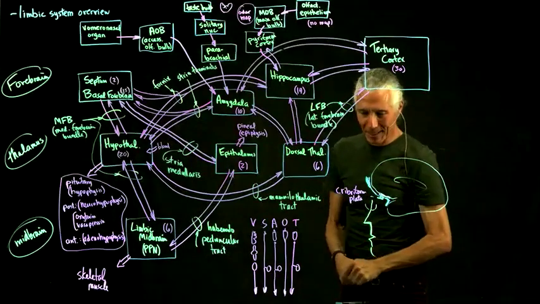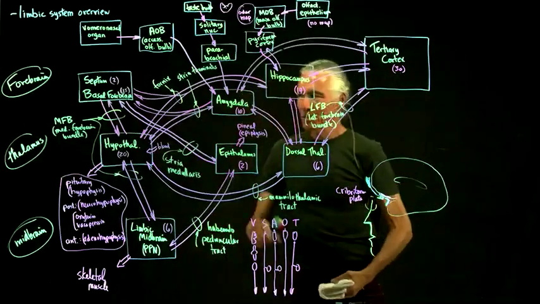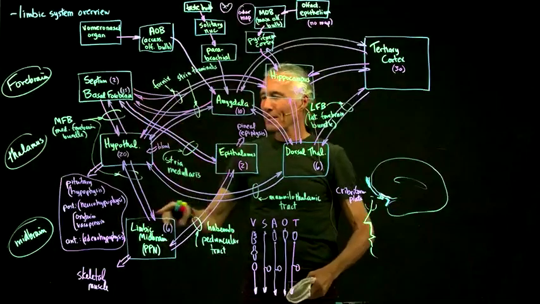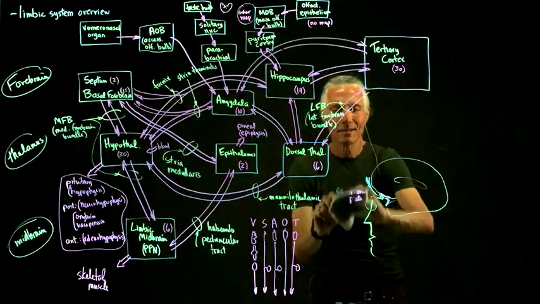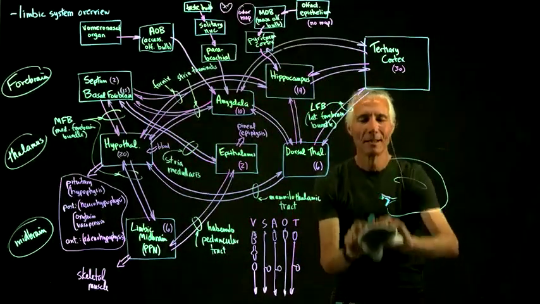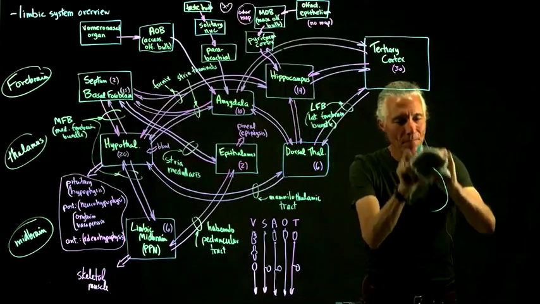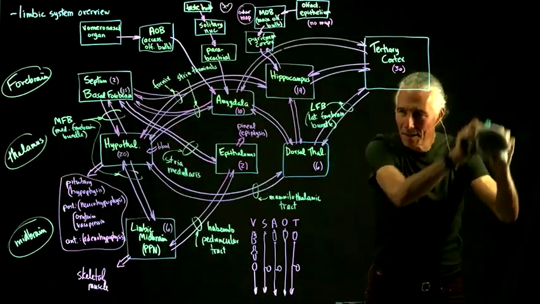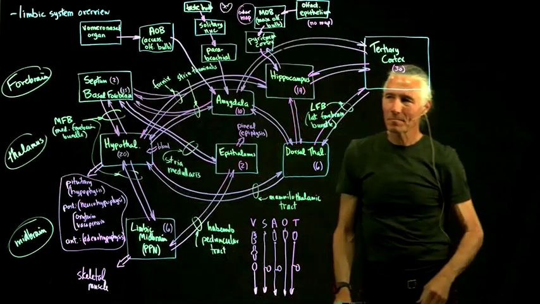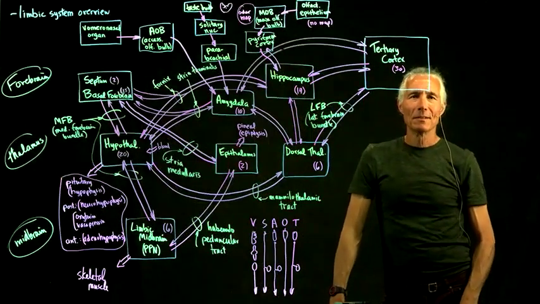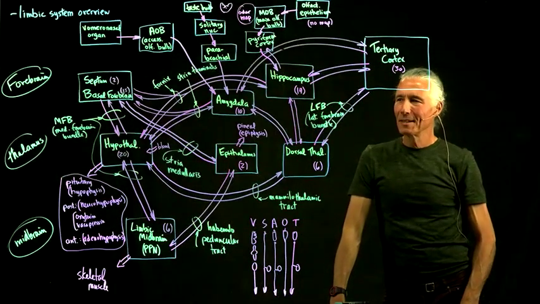Okay, so any questions? We'll just do 3 minutes on the pedunculopontine nucleus, but any questions about the limbic system? All good on the limbic system. This covers the main parts.